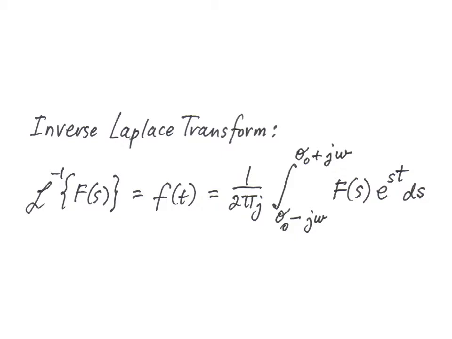The thing is, the Laplace transform may not converge everywhere in the S-plane. So sigma naught defines a line in the S-plane where f of s is assumed to have converged.